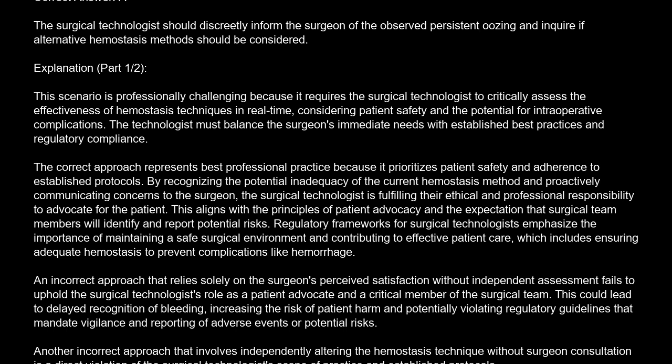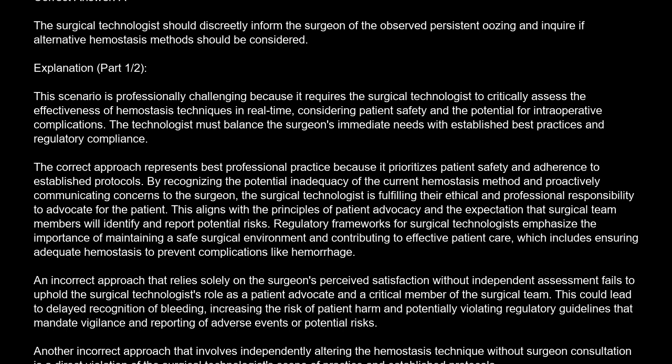This aligns with the principles of patient advocacy and the expectation that surgical team members will identify and report potential risks. Regulatory frameworks for surgical technologists emphasize the importance of maintaining a safe surgical environment and contributing to effective patient care, which includes ensuring adequate hemostasis to prevent complications like hemorrhage.